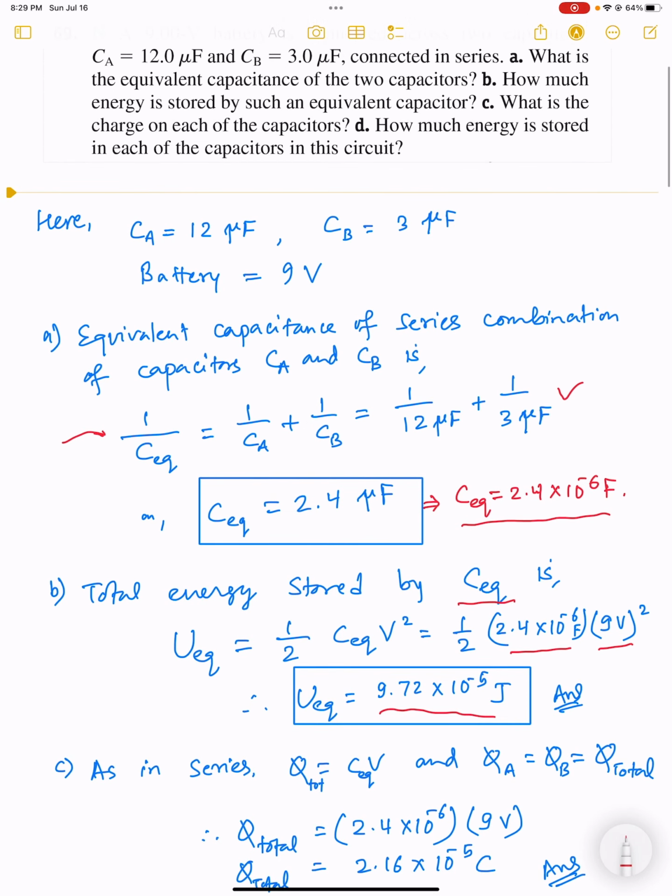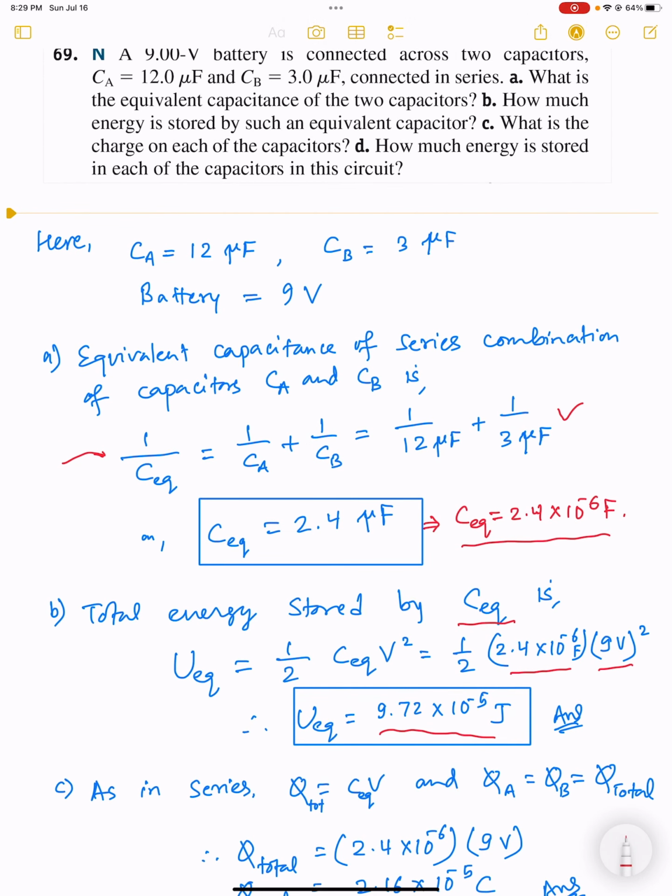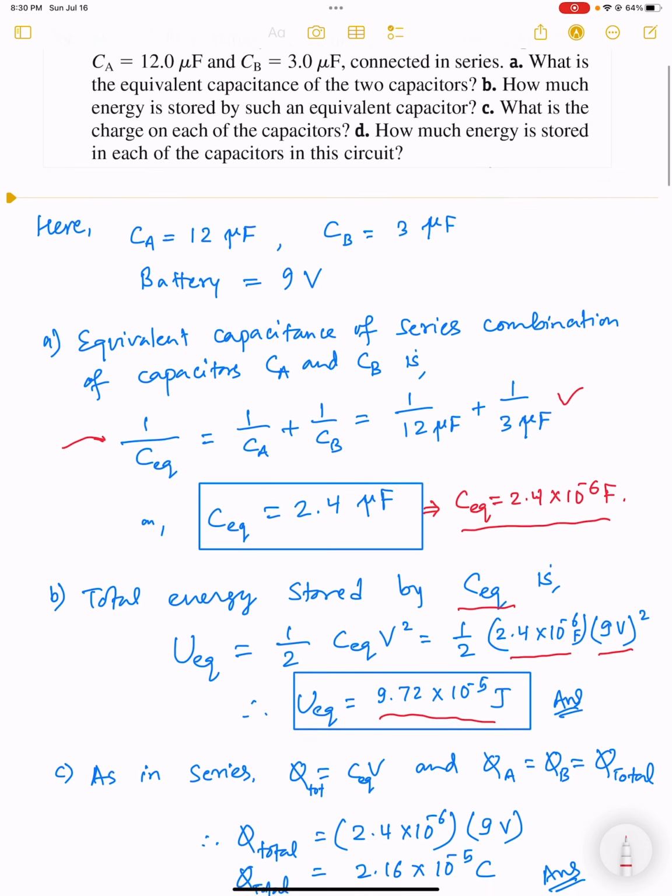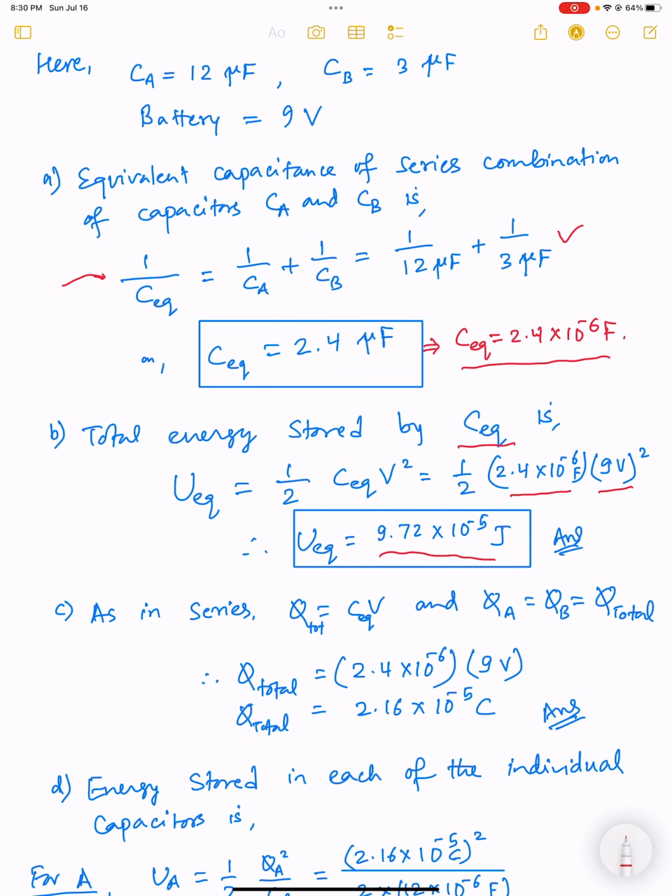For part C, the question asks you to find the total charge on each of the capacitors. As we know, in series, the charge on capacitor A and the charge on capacitor B are equal, and they are equal to the total charge of the equivalent capacitor.